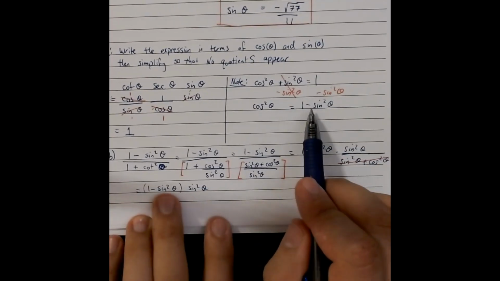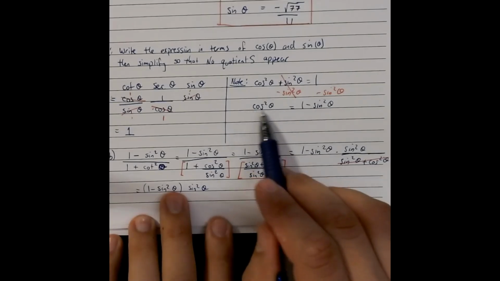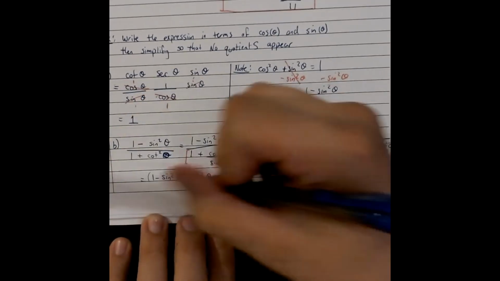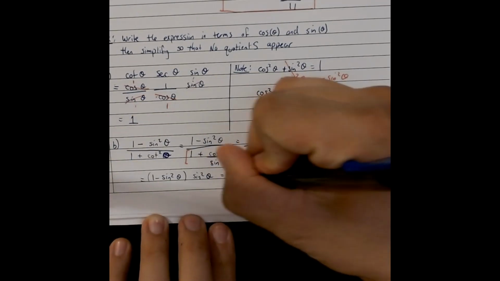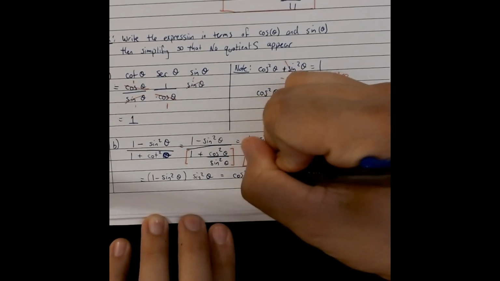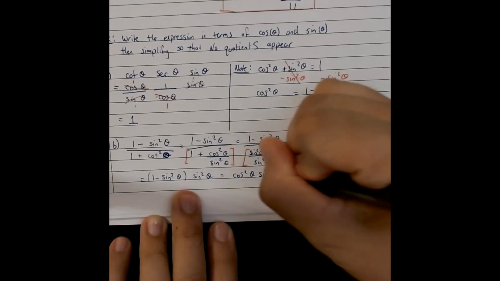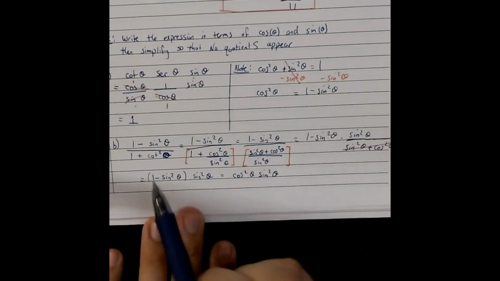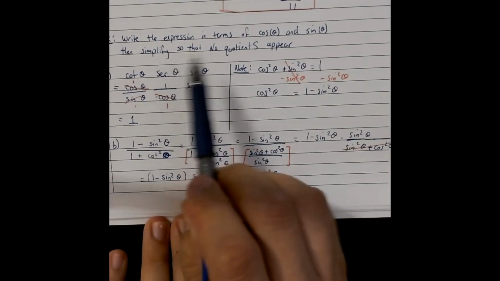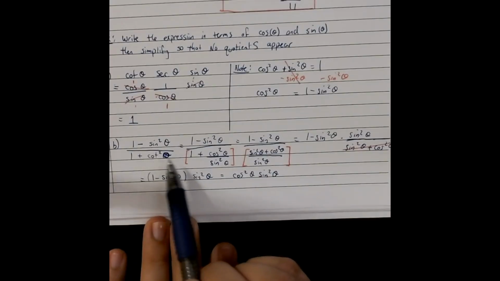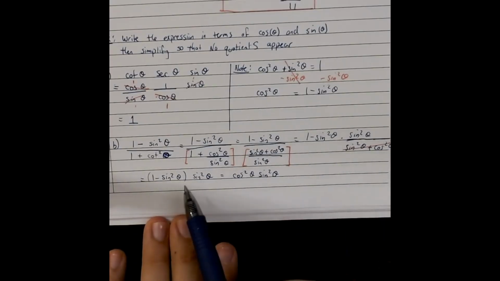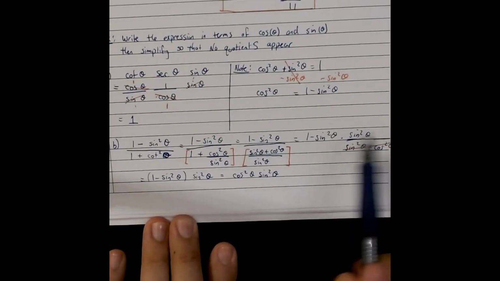But now notice, 1 minus sine squared of theta, that's cosine squared of theta. So here we can write this as cosine squared of theta times sine squared of theta. And now we're done, because now we've written everything in terms of sine and cosine, and we've simplified everything away so that there's no more quotients, and everything's as simplified as we can get it.